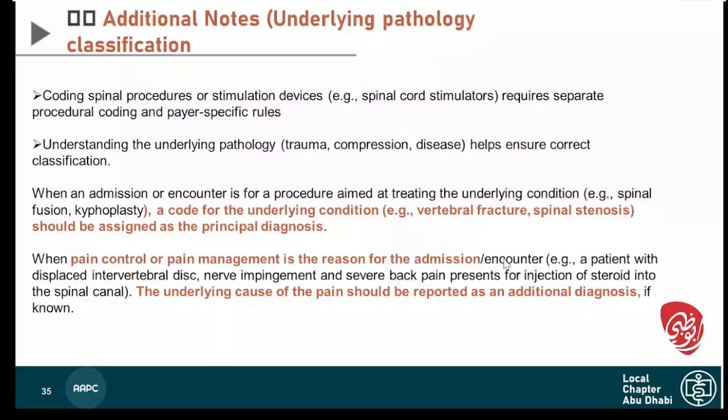Physicians perform these injection procedures usually to treat or manage the pain in the spinal region. But in that scenario, we have to identify the underlying cause of the pain, which should be reported as the additional diagnosis.